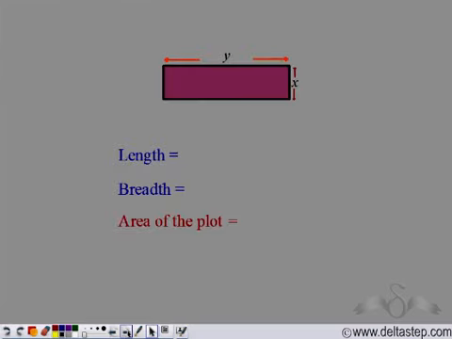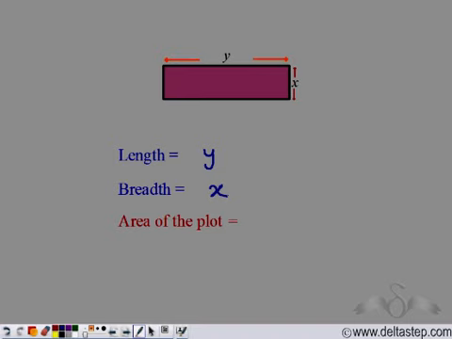Next, he comes across this plot of land. The length of this plot is also unknown, and he calls this length y. So he denotes it by a variable y, and breadth is x. What is the area of this plot? The area of this plot is length into breadth, which is y into x. Now, till now, we have multiplied a constant with a variable.